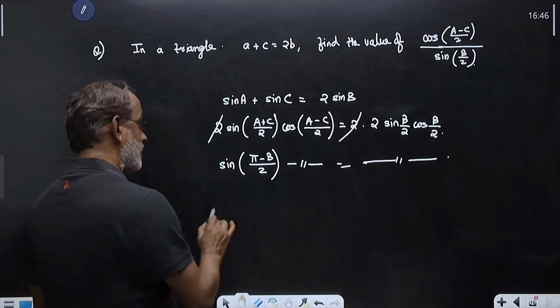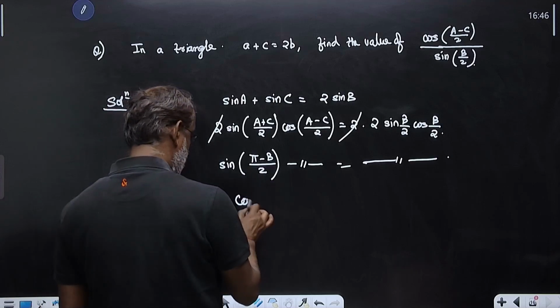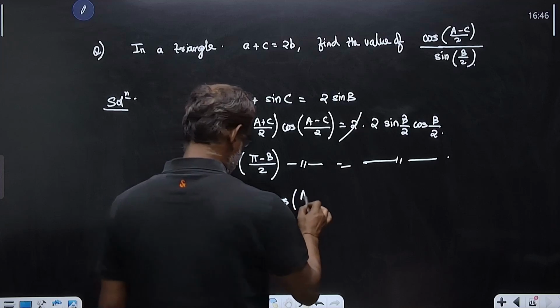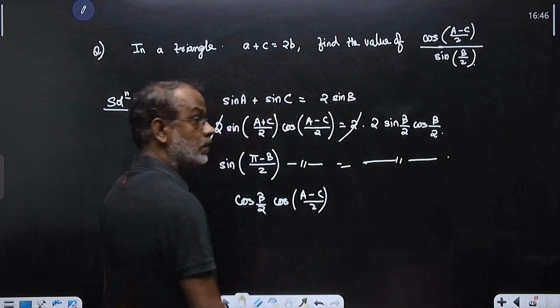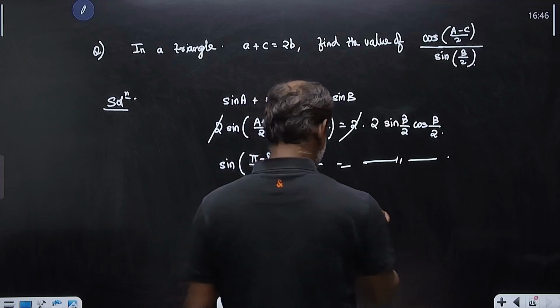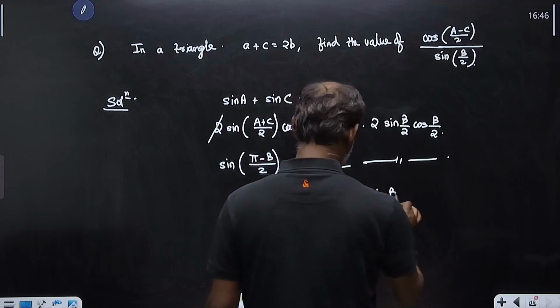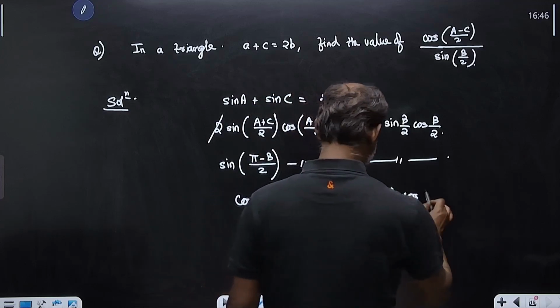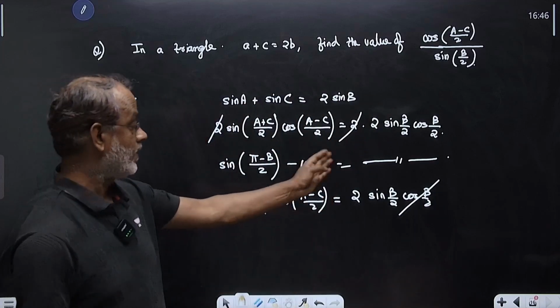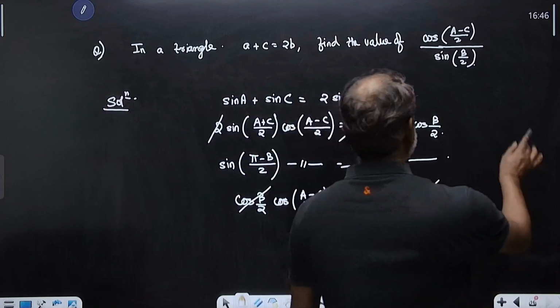Now sine pi by 2 minus B by 2 is cos B by 2, into cos A minus C by 2. This is equal to 2 sin B by 2. So, cos A minus C by 2 upon sin B by 2 is 2.